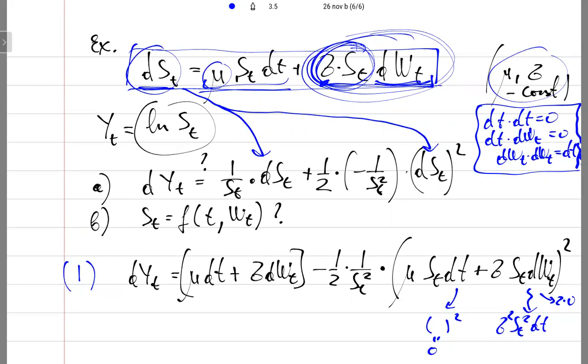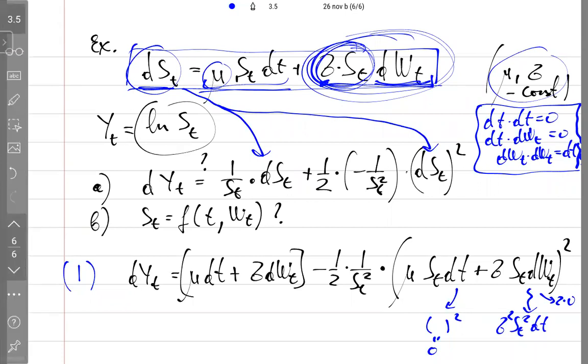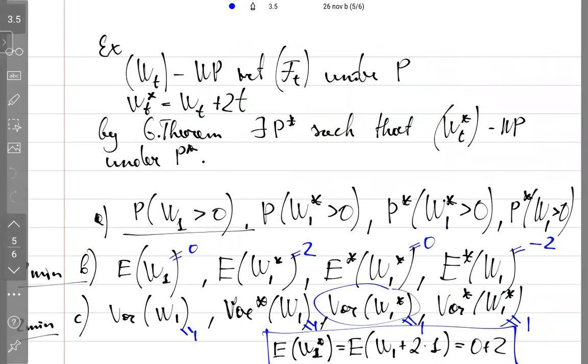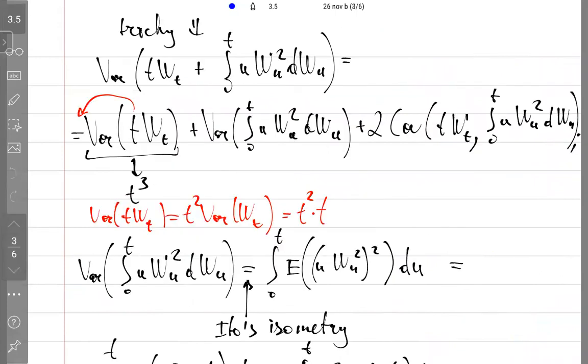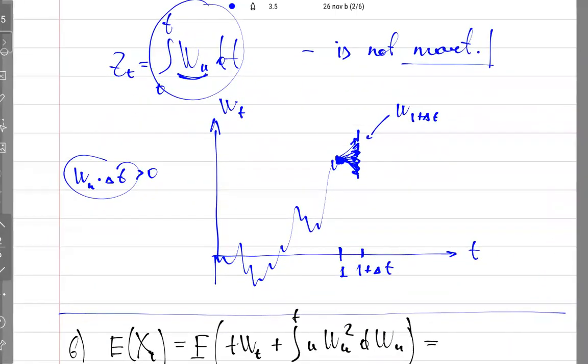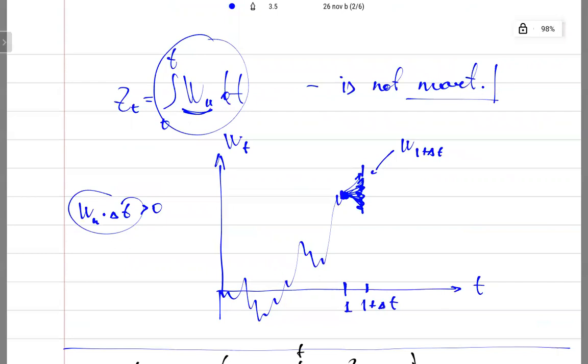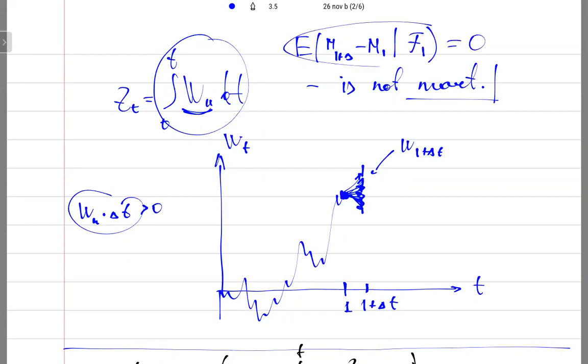Boris Borisovich, can I also ask a question? Yes. If we go back to the beginning, when you made a graph showing why Z_t is not a martingale, could you please explain it once again? Yes.